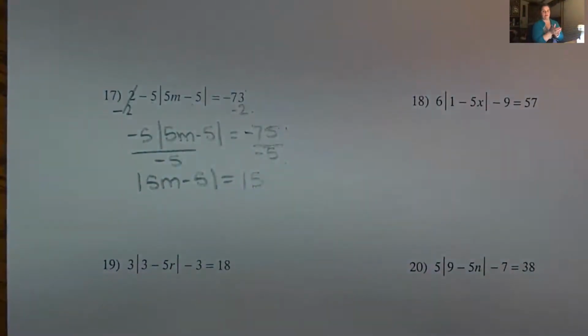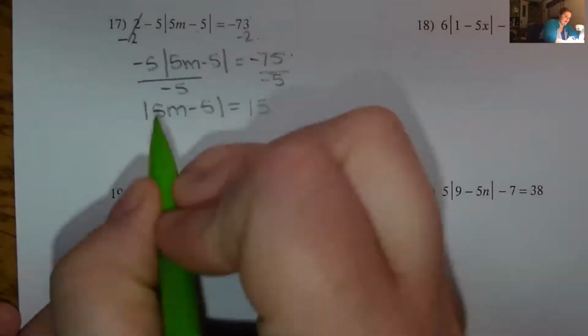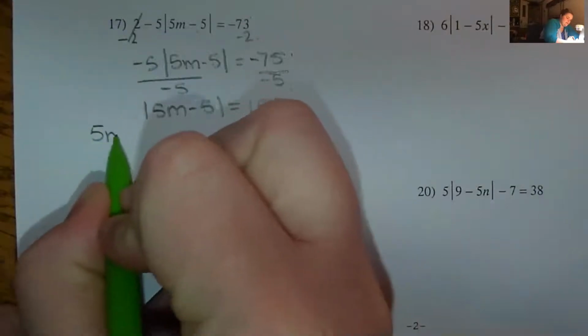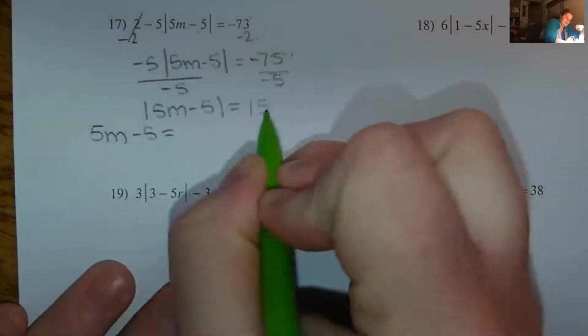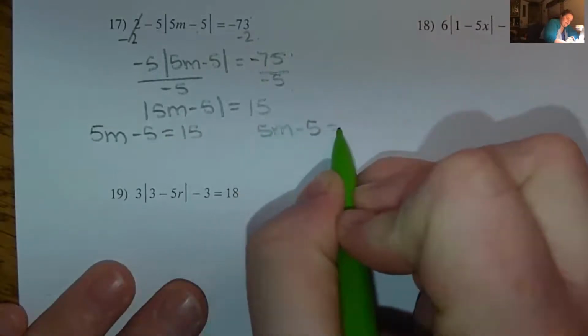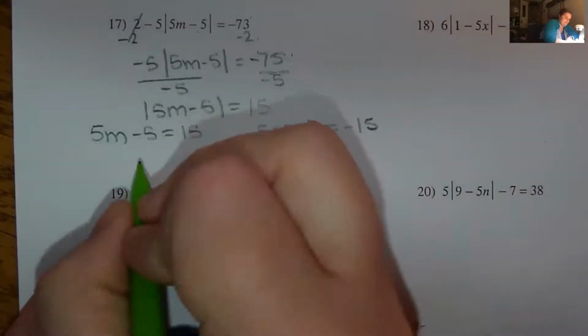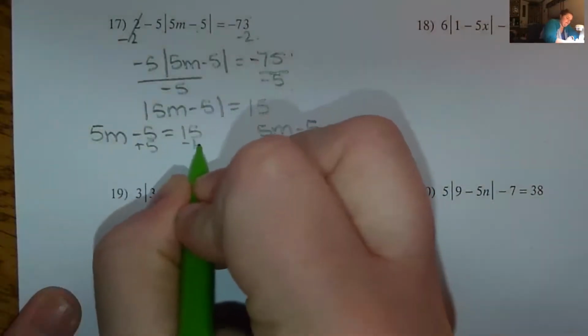Now, are my absolute values by themselves? They are. So now I'm going to set up my two problems. I have junk in parentheses, so 5m minus 5 equals 15. And then I have 5m minus 5 equals -15. Then I'm going to keep solving. I'm going to add 5.